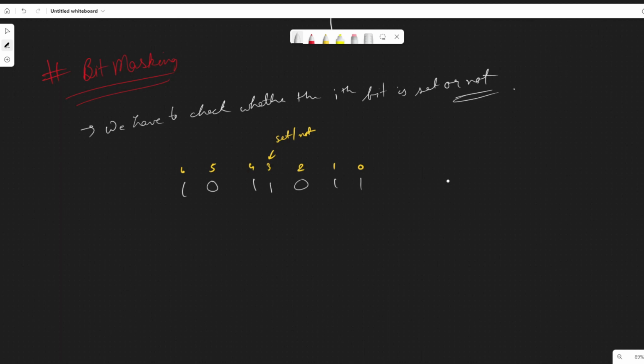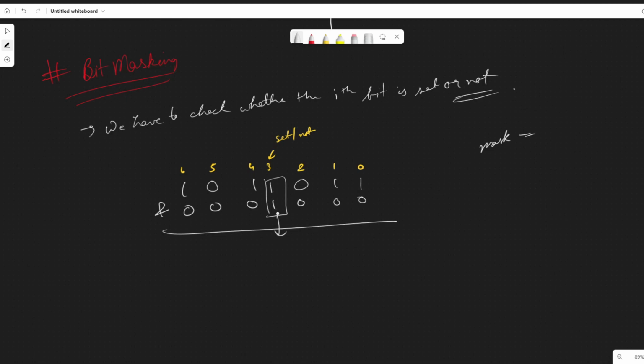So what we can do, we take a mask of 1. Suppose we need 0 0 0. For we have to check whether this bit is set or not, for that we put 1 here, others are 0, and we basically perform AND operation on this. So we get the idea of whether this bit is set or not.